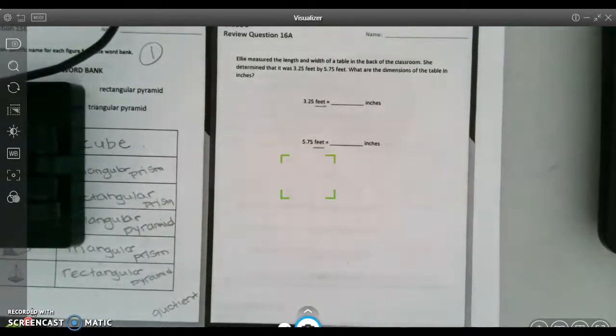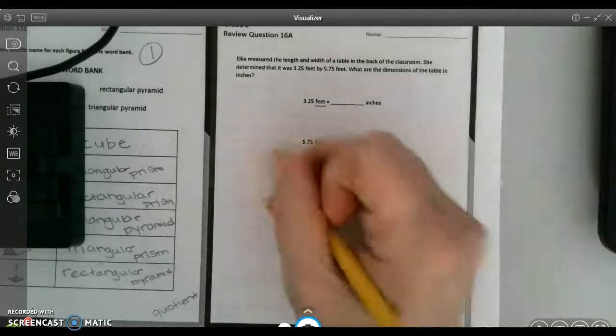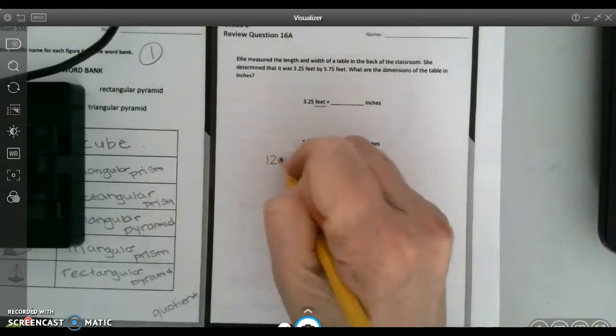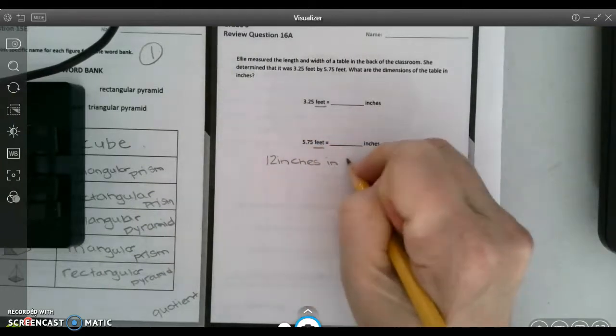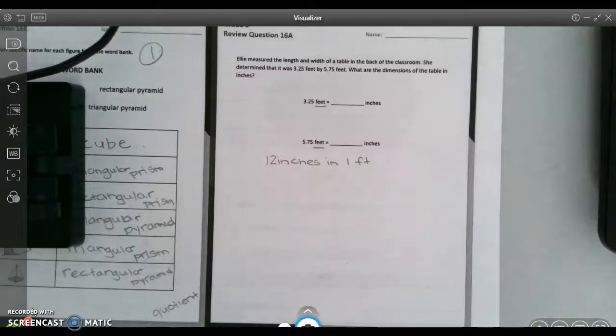Well, I think the first thing we would have to know is how many inches are in a foot. On the front of your packet, if you don't know, you could pause right now and look. That table tells us that there are 12 inches in 1 foot.